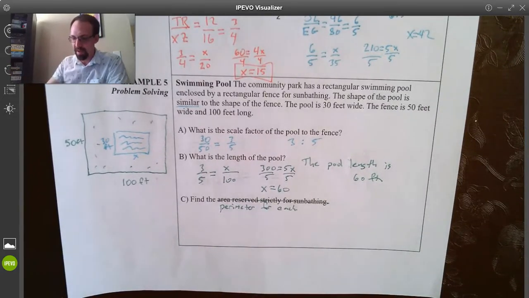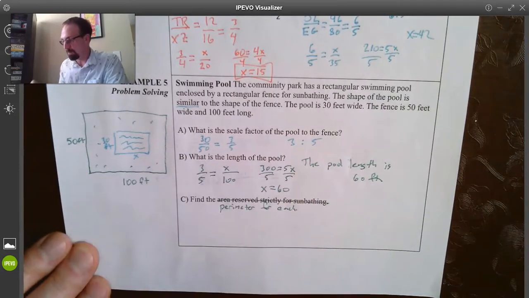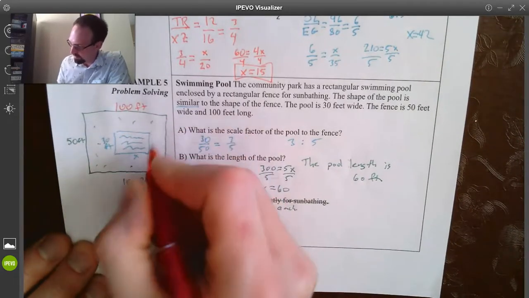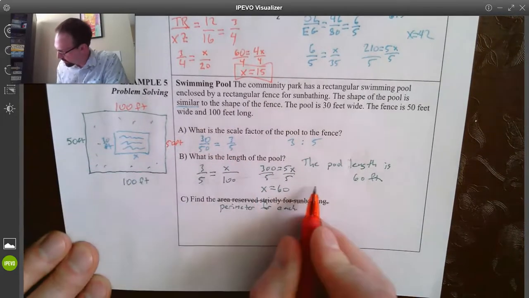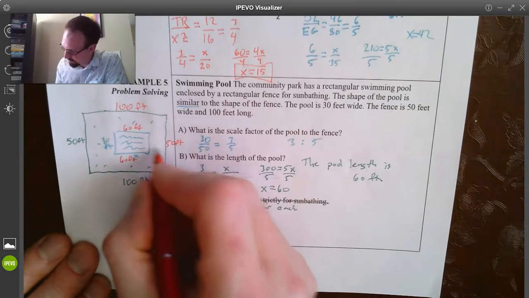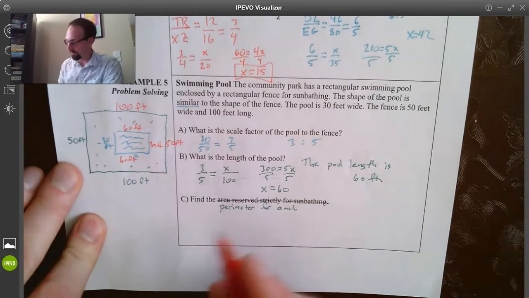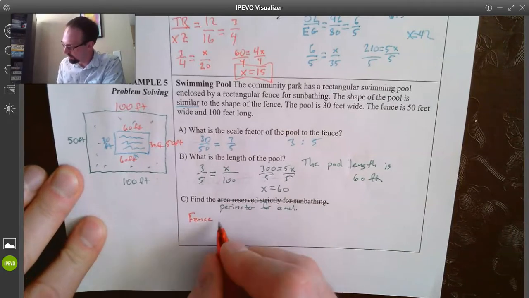So again, finding the perimeter, I know the lengths of these other sides are going to match up because it's a rectangle. So I know that this is 100 feet. I know that this is 50 feet. I know that this is, let's see, we found earlier 60, 60, and 30. So if I wanted to find the perimeter, let's do the fence.